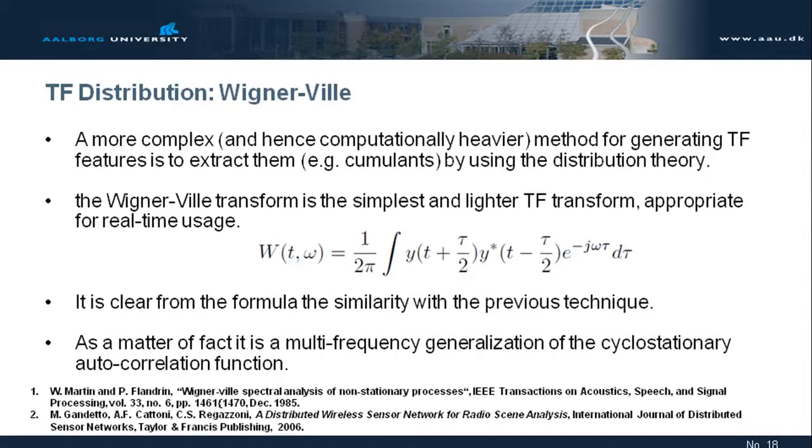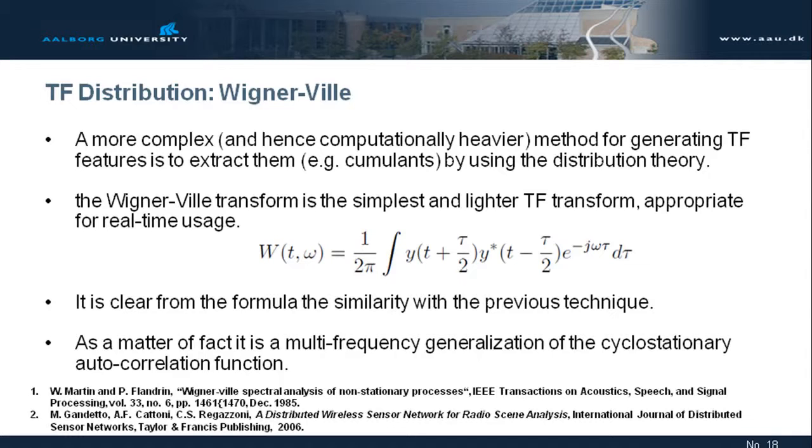And from this one, you need to extract cumulants as well, because that's a function. As you can see, the function looks basically exactly the same as the previous one, the cyclostationary one, because it's, again, an autocorrelation. This time, theoretically, you should go minus infinity to plus infinity of the signal versus its own complex conjugate to the phase.